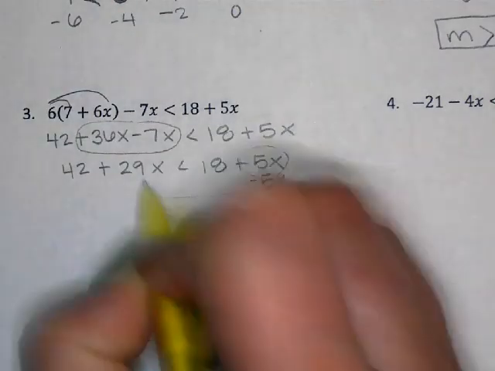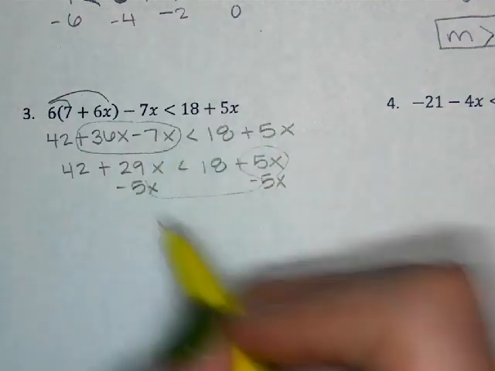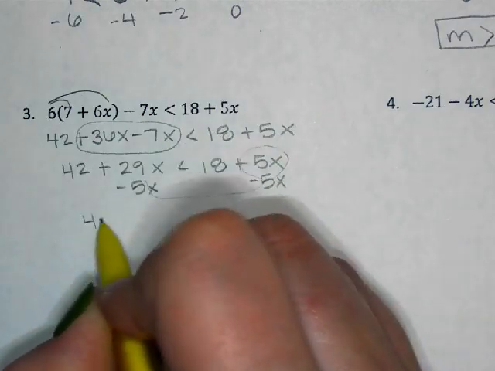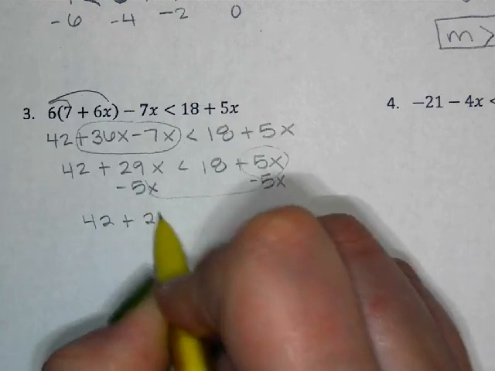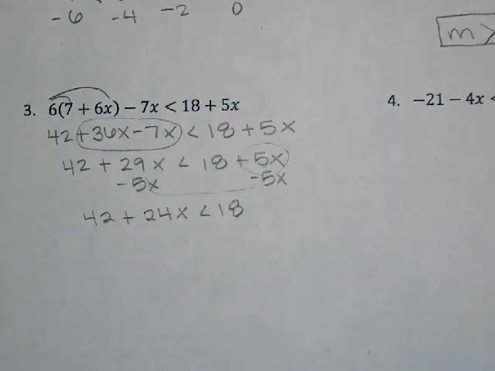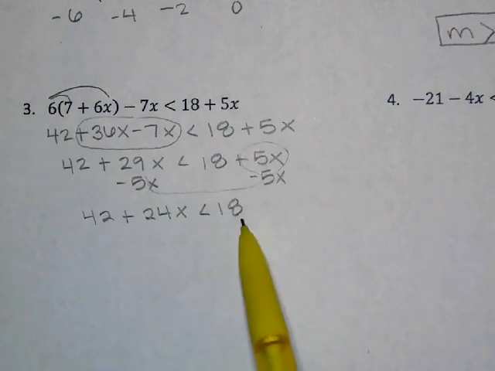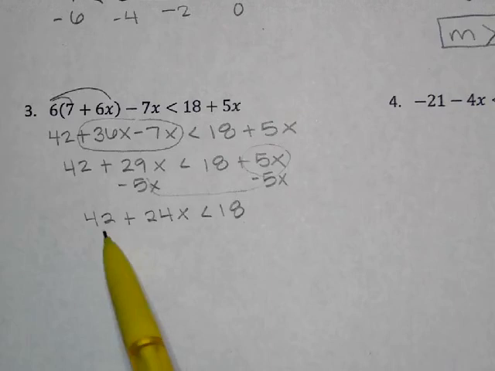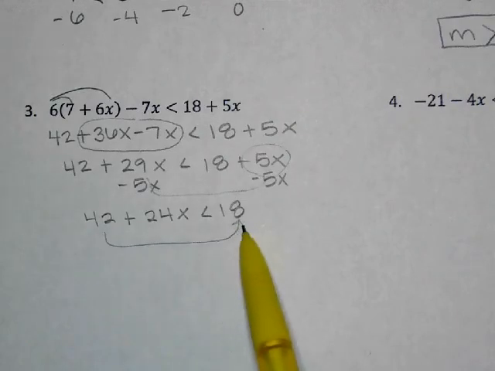And then if your x's are on the left side, what should we do with the 42? Move it over to the right side. Get that 42 over to the right side. Got to figure out how to move that 42 over.